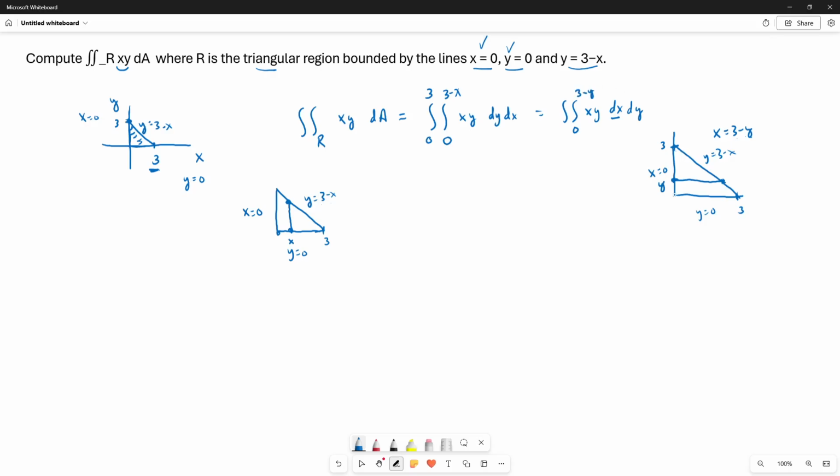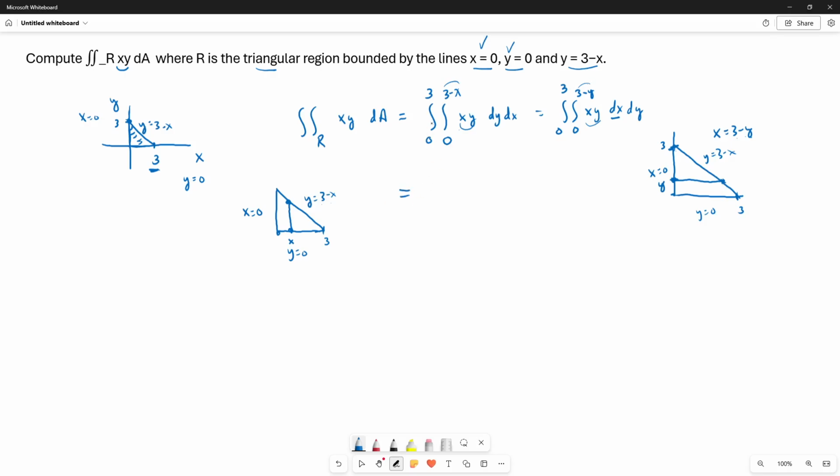And then the y, which we had fixed here, is free to move from 0 to 3. Okay, so either of these iterated integrals can be used to calculate this double integral. And it's pretty easy to see that we'll get the same thing in both cases because of the symmetry in the variables.